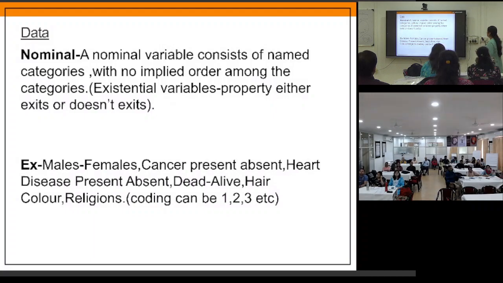It is an existential variable, the property either exists or doesn't exist. Male, female, cancer present or absent, heart disease present or absent, dead or alive, very simple. Religion, coding can be done. So there is no order in this. It's purely text without any order.